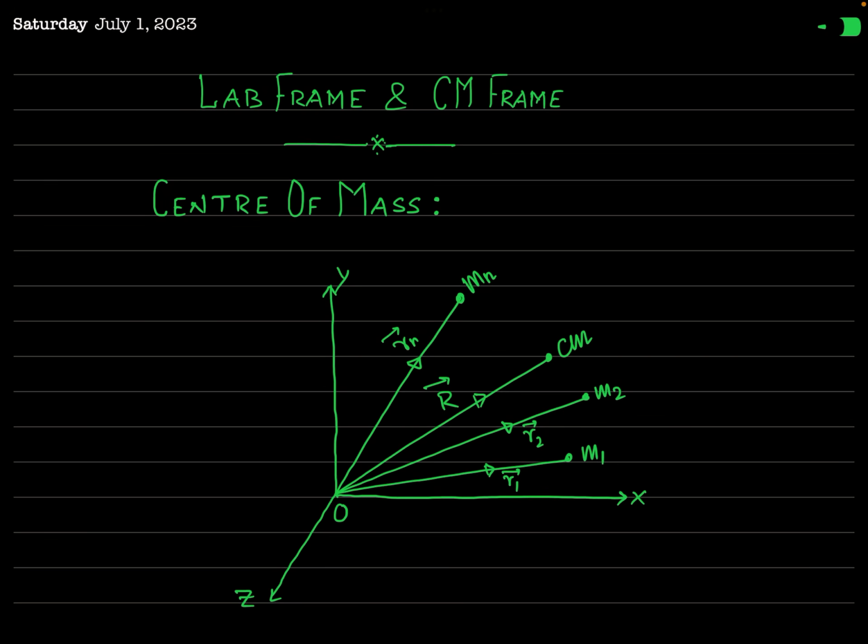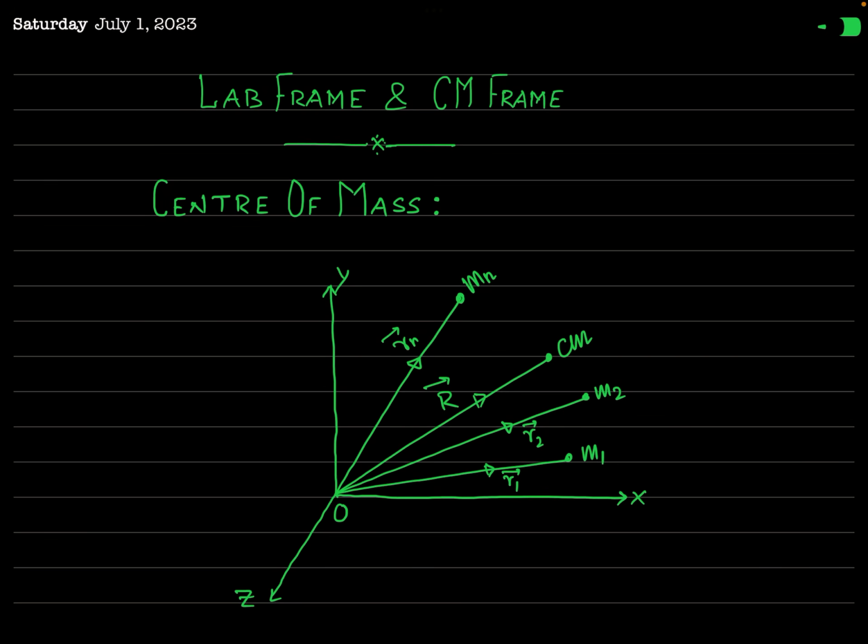So before knowing what the laboratory frame and center of mass frame are, I am just introducing the idea of the center of mass of a system. For this, you can see this figure. I have considered a system of discrete particles, although center of mass is also defined for a continuous mass distribution.